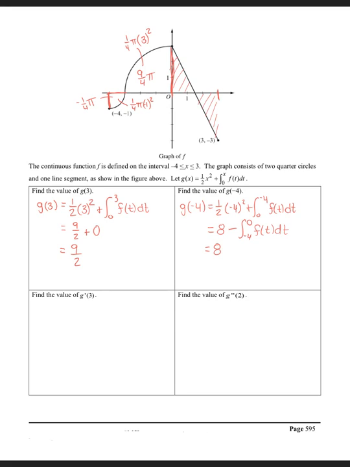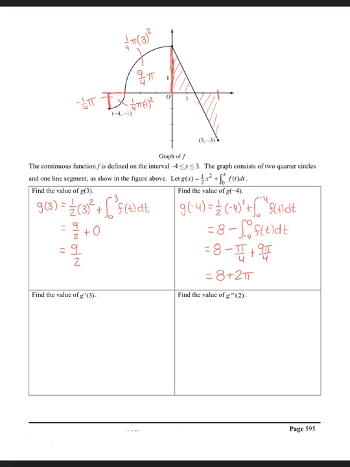If you add those together, you have 8 minus pi over 4 plus 9 pi over 4. Because those have common denominators, you can simplify those fractions. So 9 pi minus pi is 8 pi divided by 4 is 2 pi.